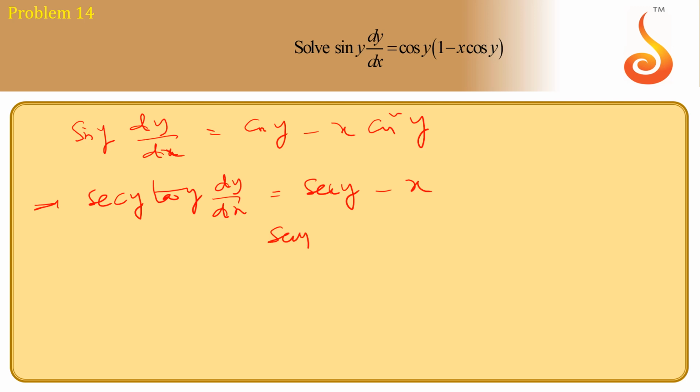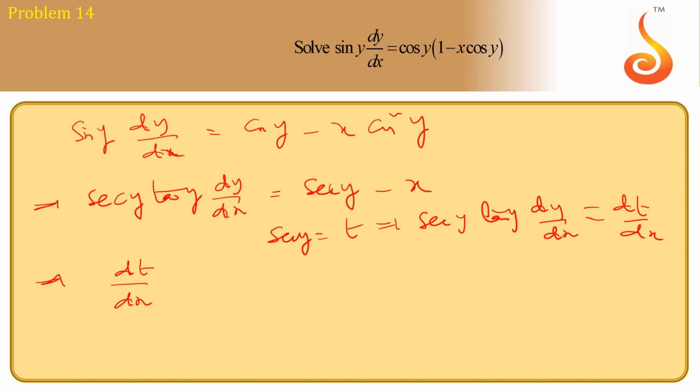So if I substitute secant y equals some t, you will get secant y tan y dy by dx equal to dt by dx. So I'm differentiating secant y with respect to x on both sides. So I'll get this as dt by dx equal to t minus x.